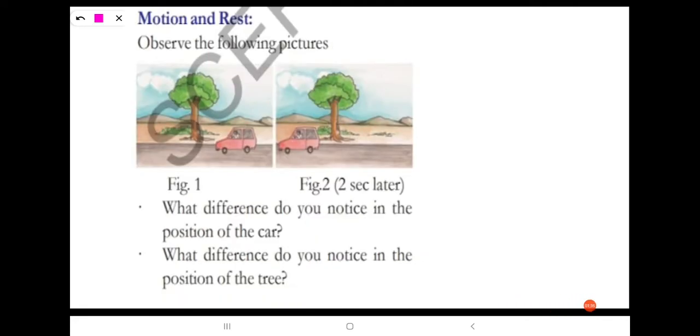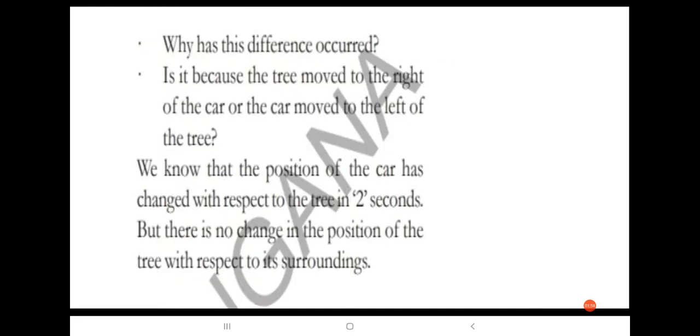So, the terms motion and rest. Observe here carefully. What differences do you notice in the position of the car? What difference do you notice in the position of the tree? Why has this difference occurred?